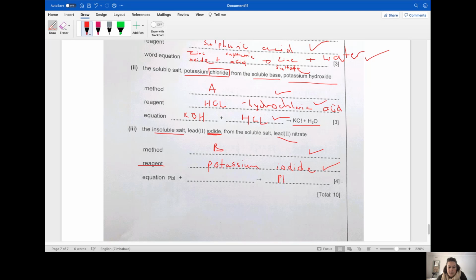Lead 2 nitrate is Pb(NO3)2, and you have to have the 2. So you got a mark if you got that right. So this was out of 3, not 4. The rest of it we ignore because this was wrong over here.